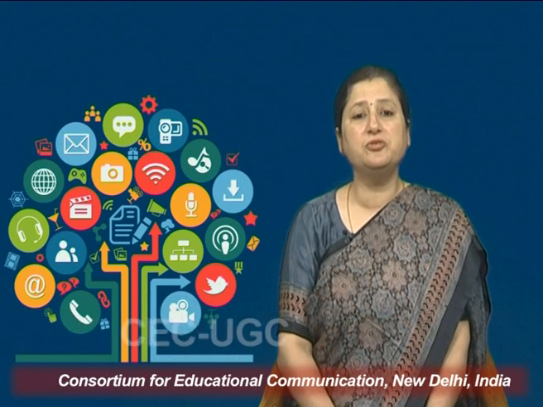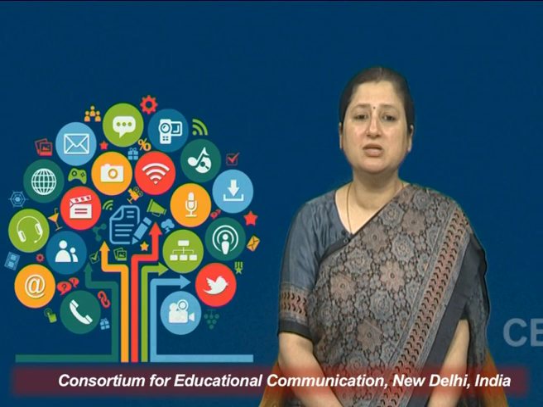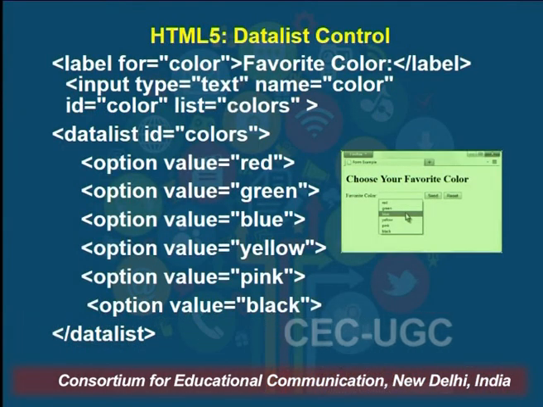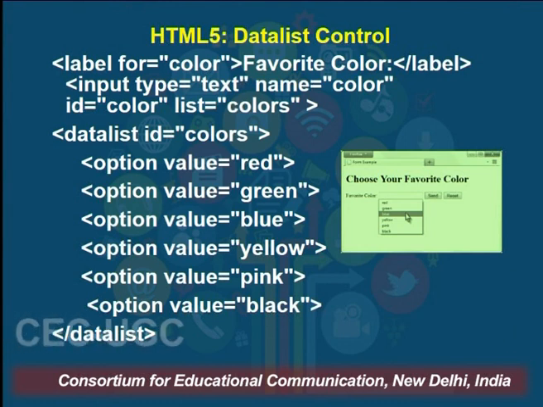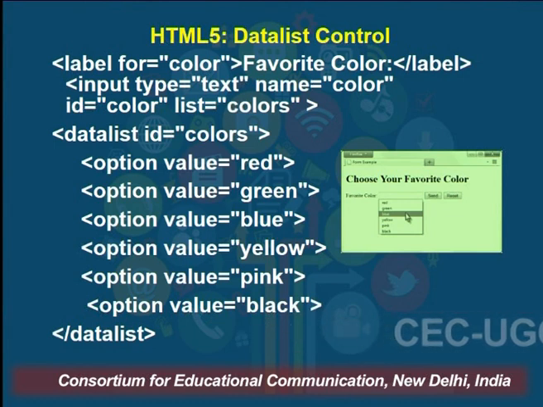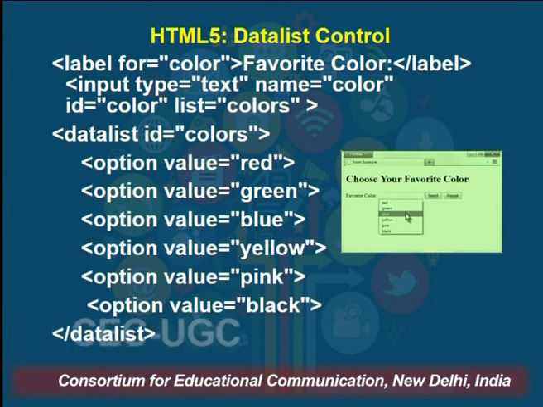Then if you want a data list to be specified, now this is very interesting. This is somewhat similar to the select option that we had used. So if you want the user to select from a list of options, then you can either use select or you can also use the data list.